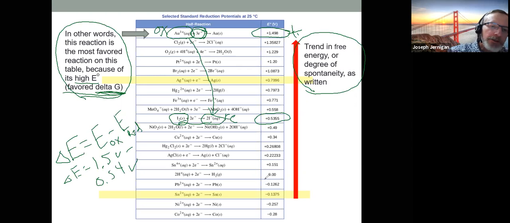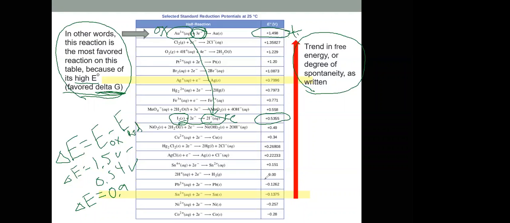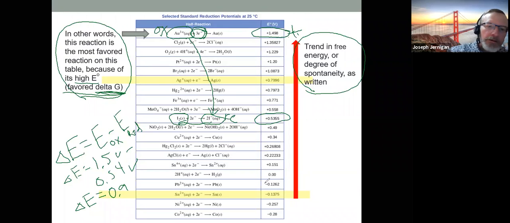So that gives you what? A delta E equal to 0.96? Yeah. Okay, good. 0.96 volts.